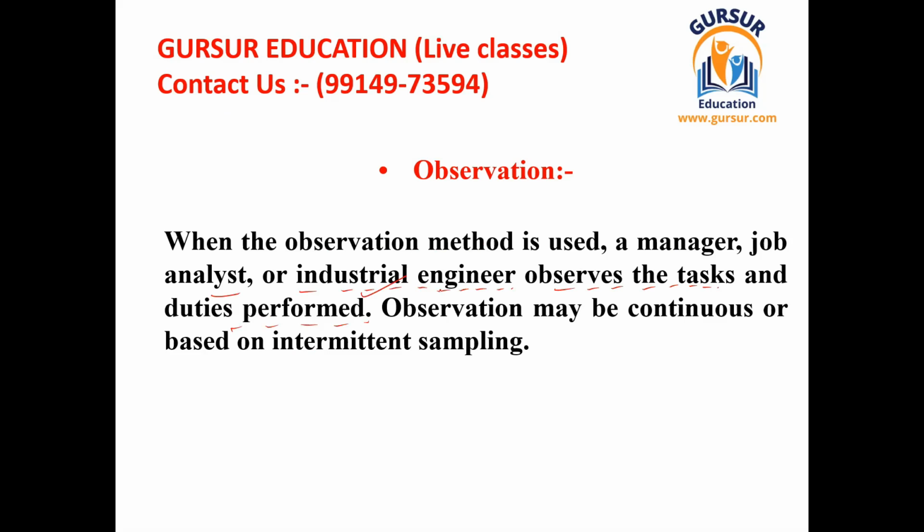Observation may be continuous or at intermittent sampling. So he just observes what tasks and duties are performed, and analyzes what the contents of the job are and what human specifications there are for performing a job. This is the first method for collecting the data for job analysis.